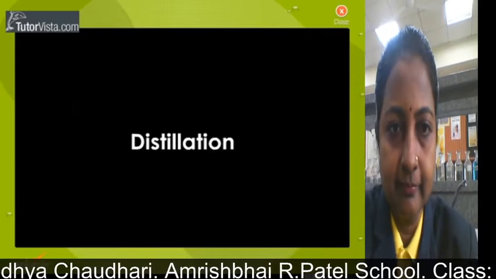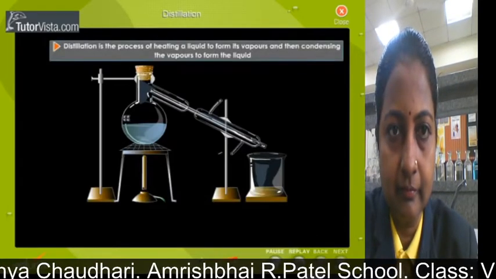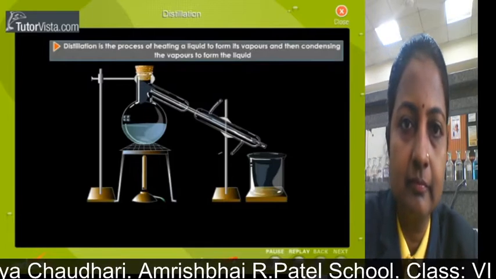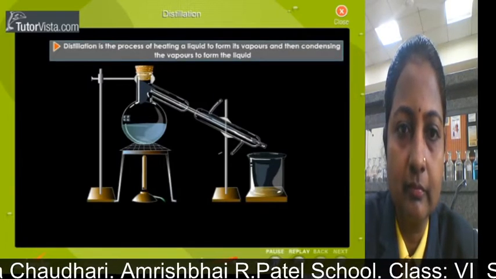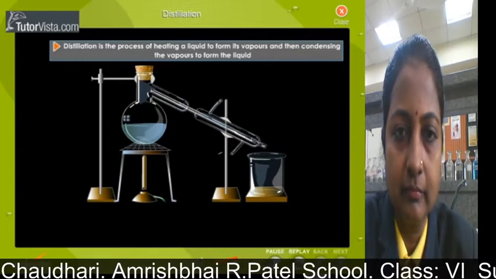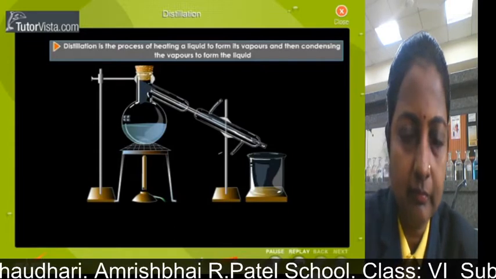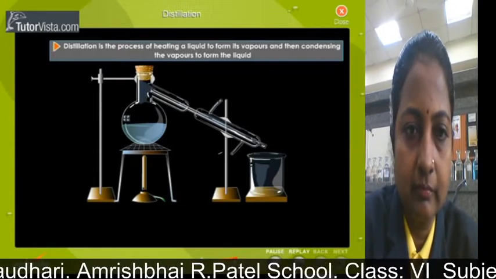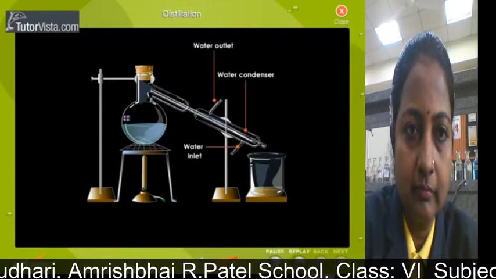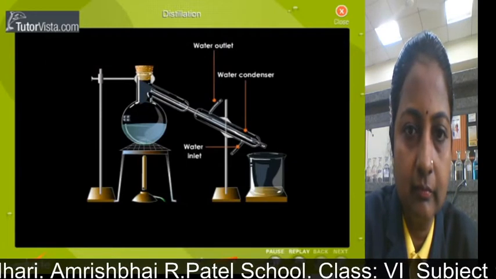Distillation. Distillation is the process of heating a liquid to form its vapors and then condensing the vapors to form the liquid. It is used to separate two or more substances present in a liquid or for purification of water. The apparatus used for distillation is shown here.